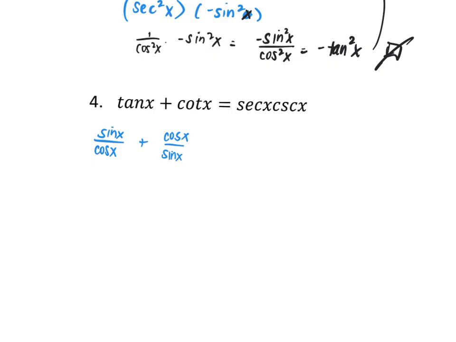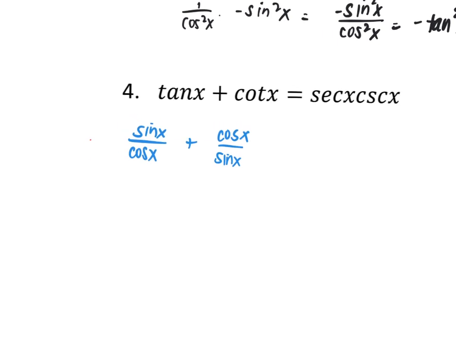Okay, so here I put everything in sine and cosine, and now I have two fractions. I want to add those fractions, so I'm going to create a common denominator in order to do that. Over here it would be cosine.